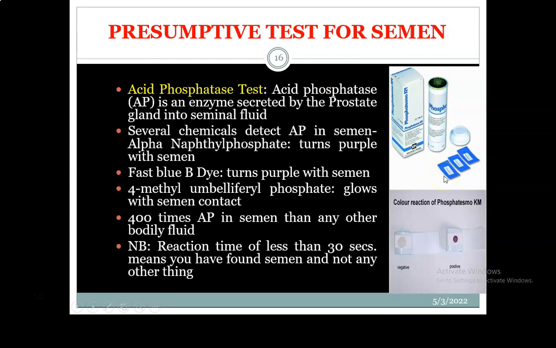You open it. This is how it comes, but you open it like this. You wet it, then you apply it to the semen stain. If it changes color to purple, then you have semen. So that's a negative result, and that's a positive result over there in the picture.